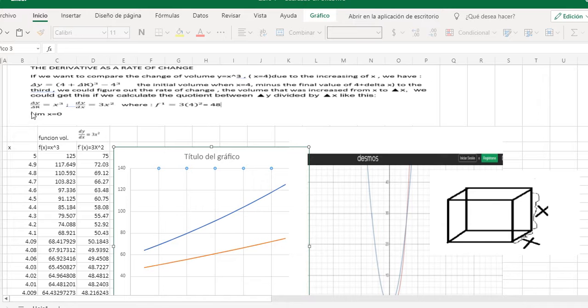and we can calculate this doing the derivative.